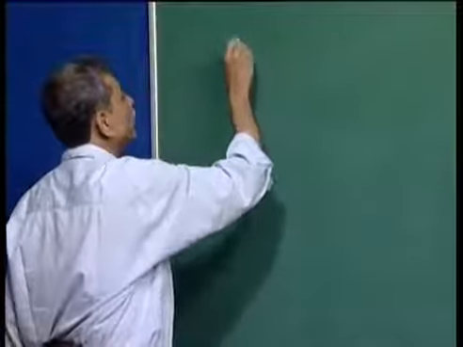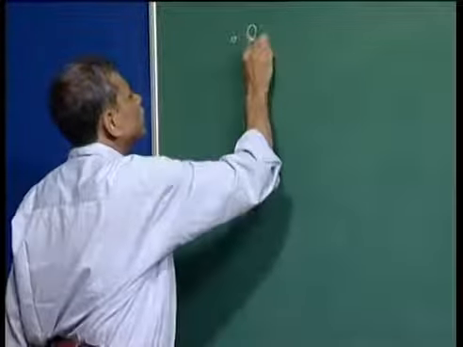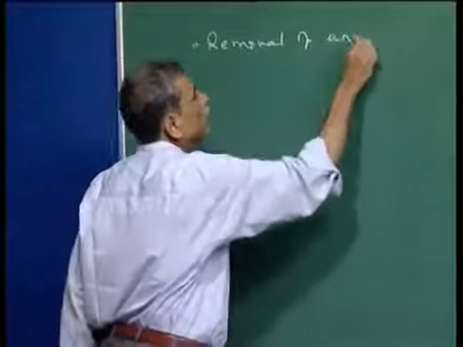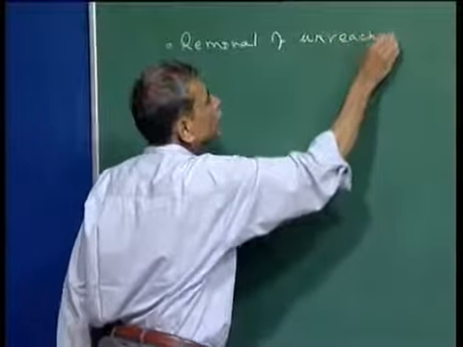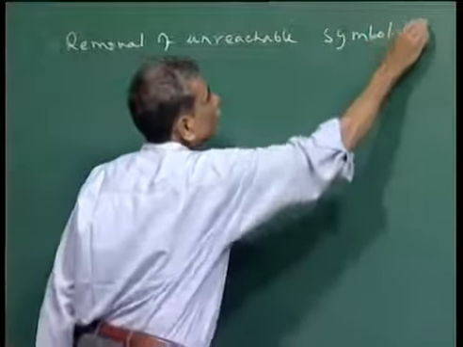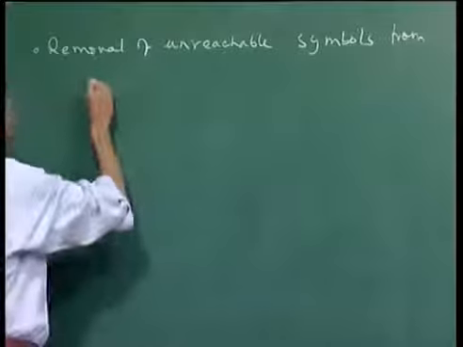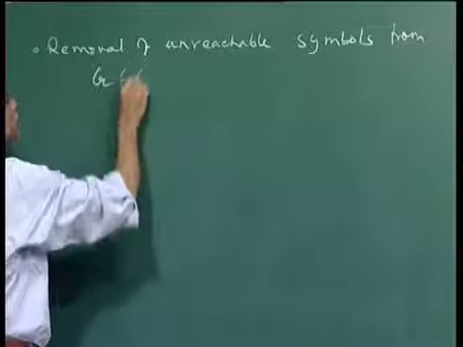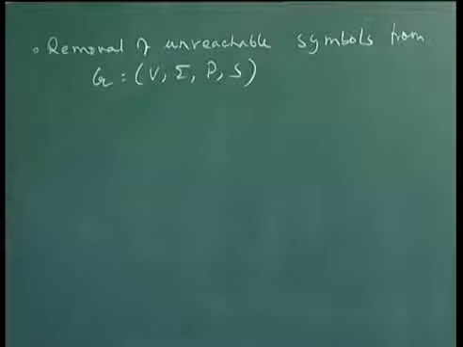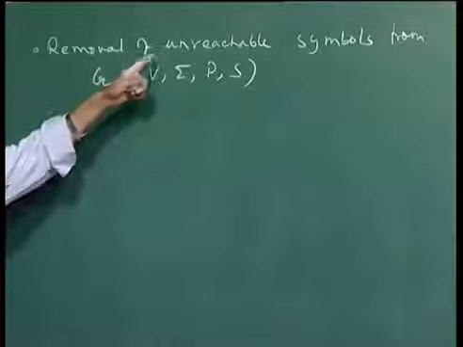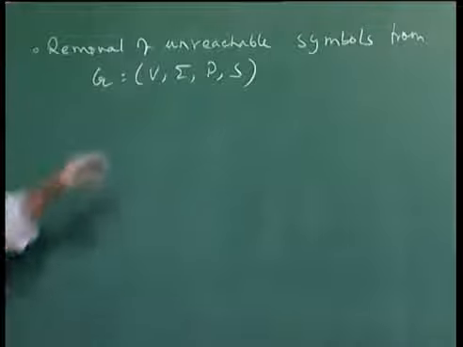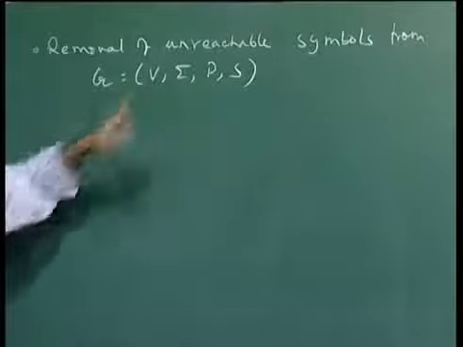So, let us say what I can do is the removal of unreachable symbols from G, which is let us say V sigma P S, and recall that the set of unreachable symbols may contain some non-terminals and some terminals.